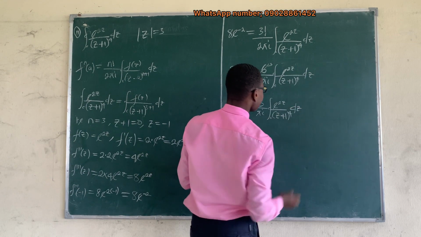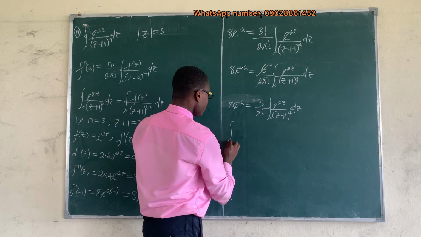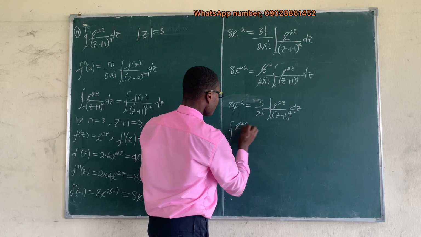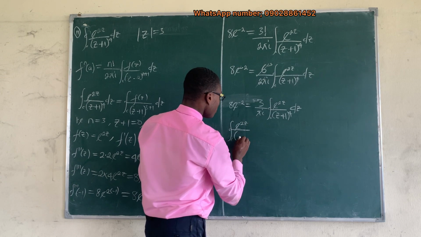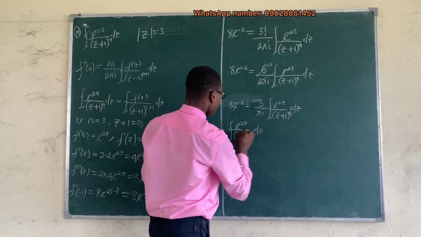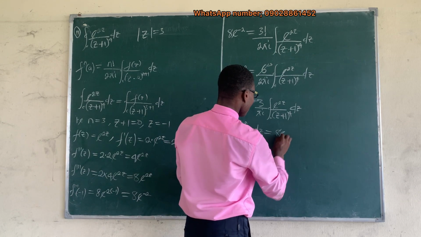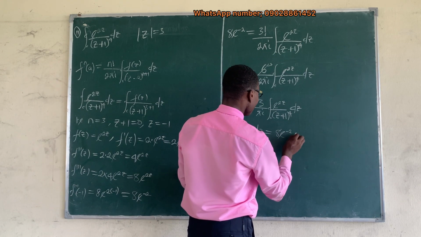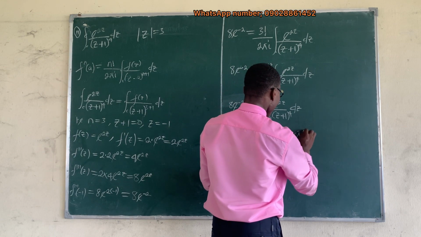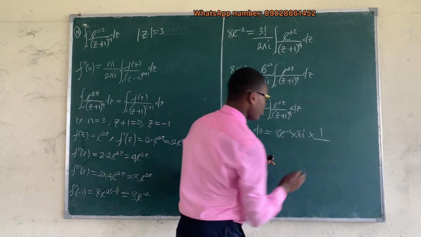dz. To make the subject of formula, you are going to have the integral of c exponential 2z over z plus 1 to the power of 4 dz will then be equal to 8 exponential minus 2 times pi I multiplied by 1 over 3.